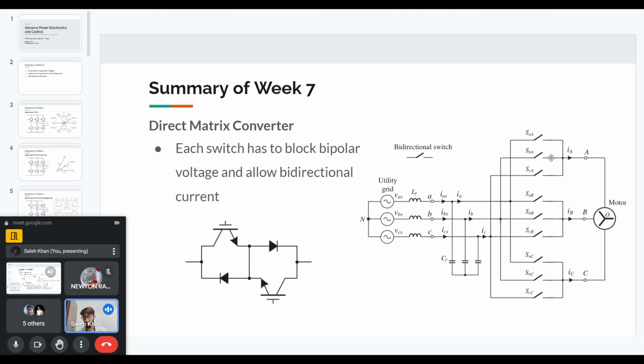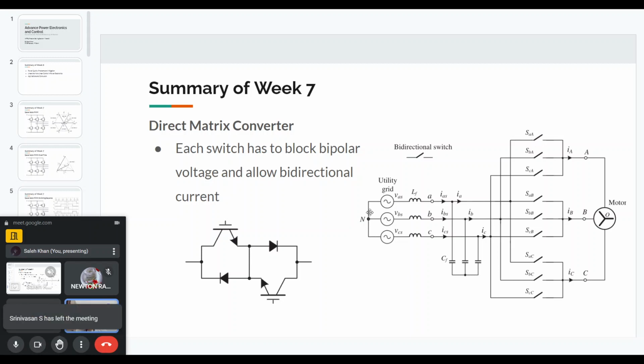If SBA is on, for SAA, which is the top switch, on one side we have the A phase, and on the other side, since SBA is on, we will get the B phase. So the voltage blocked by SAA will be VA minus VB, or VAB, the line voltage.